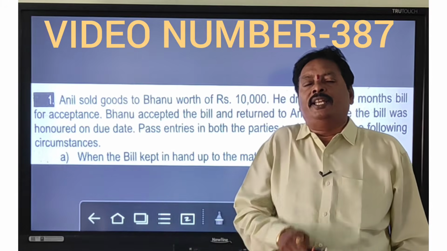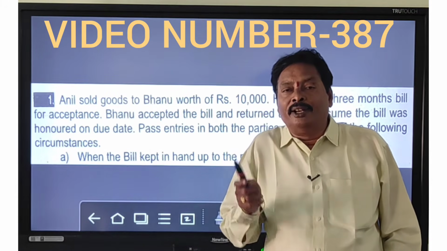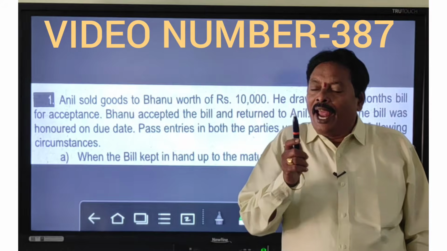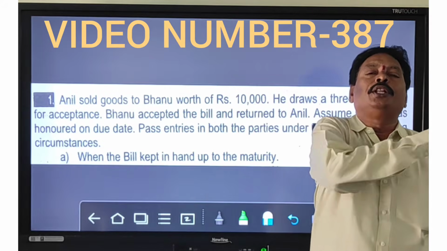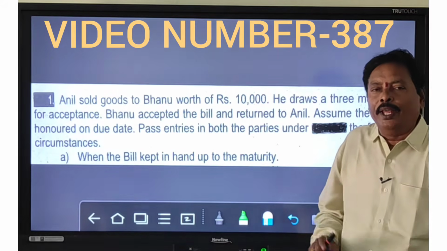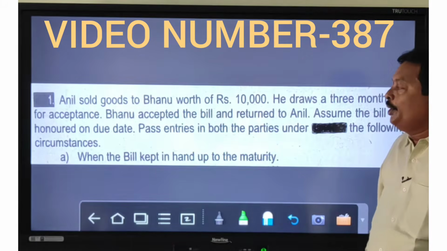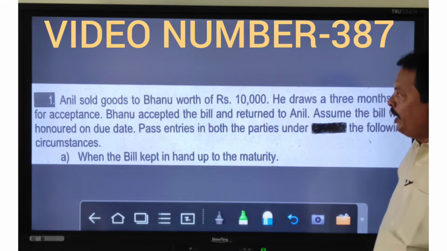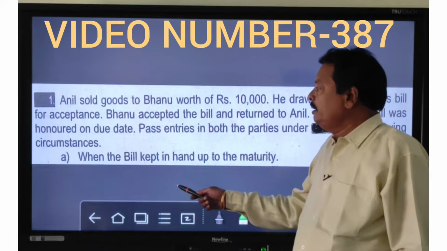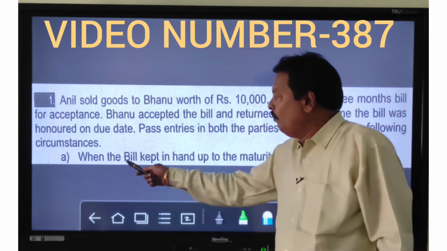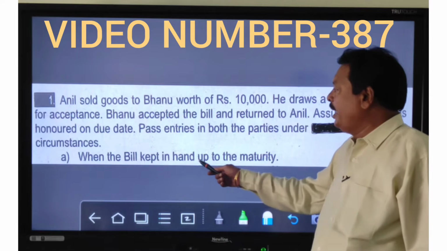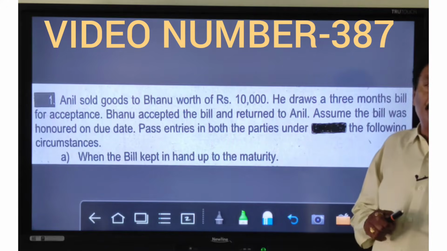And the last one is when the drawer endorses the bill to a third party. Today I am going to give an explanation on the first model, when the bill is kept in hand up to the maturity.